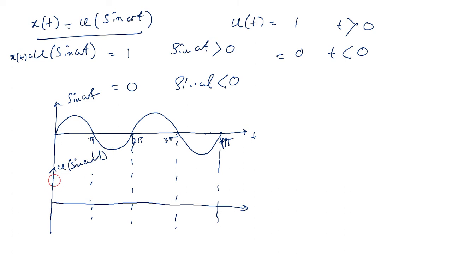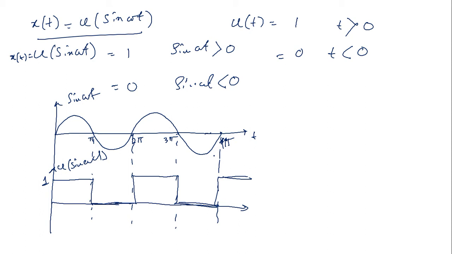The upper portion of this curve has coefficient 1, so this one is also 1, and for the lower portion it is 0. So this is a square waveform type structure. This one is u of sine omega t.